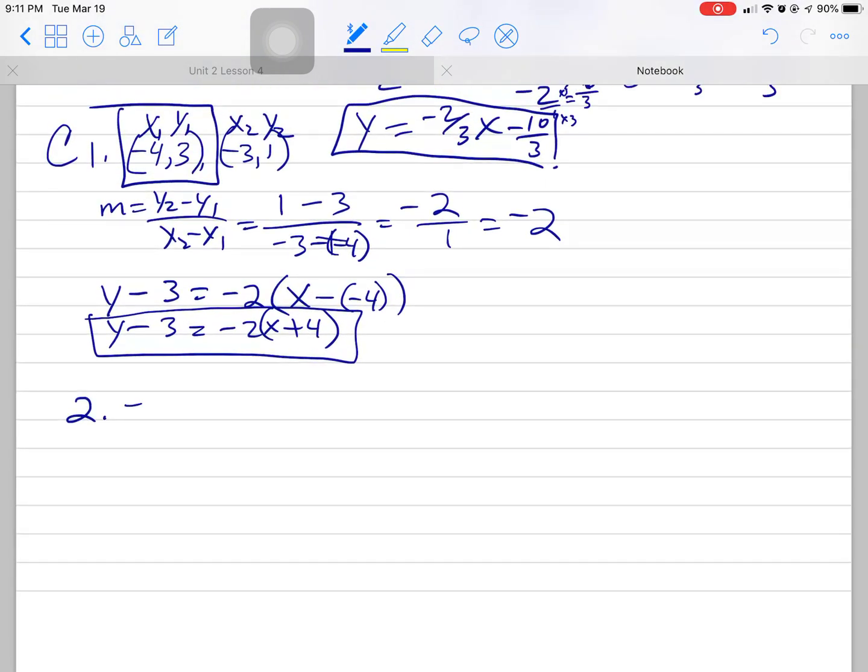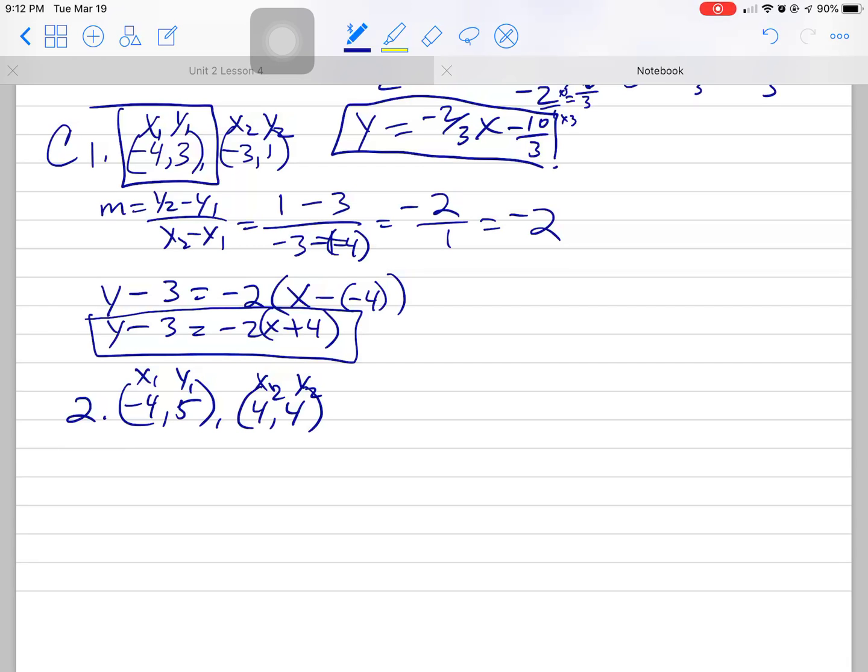Number 2 said (-4, 5) and (4, 4). And they want that in point-slope. So I need to find the slope first. x1, y1, x2, y2, point 1, point 2.